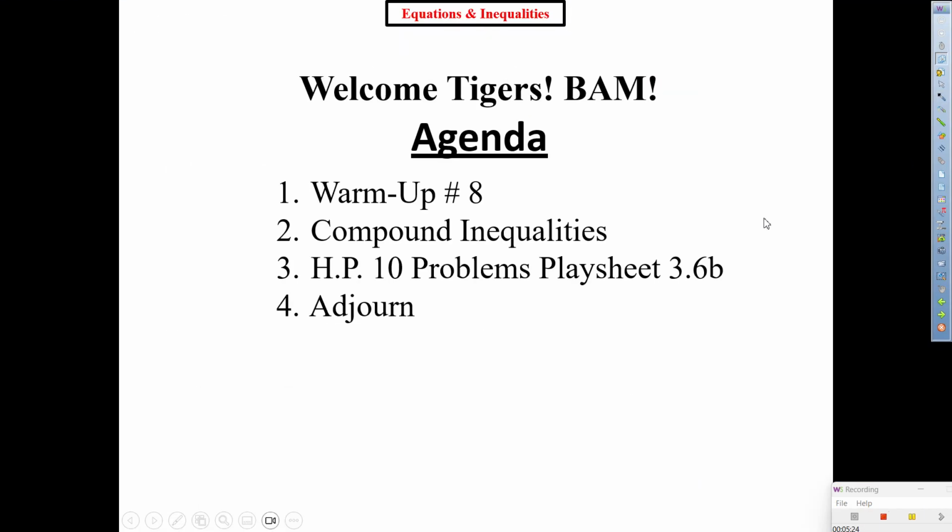All right, copy the agenda, please. Warm-up number 8 done. Today we're finalizing the review on inequalities with compound inequalities. Tonight's home play is 10 problems, play sheet 3.6b.